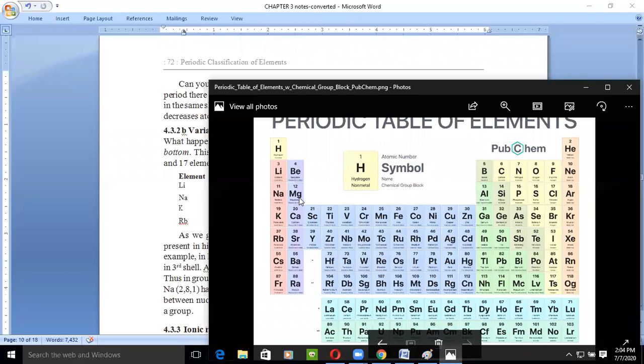If we talk about this first family, lithium, sodium: the shell which participates in lithium is 2s, but in sodium, which is the outermost subshell that takes part in electron filling? Tell me the valence shell in sodium. In hydrogen, 1s is there.